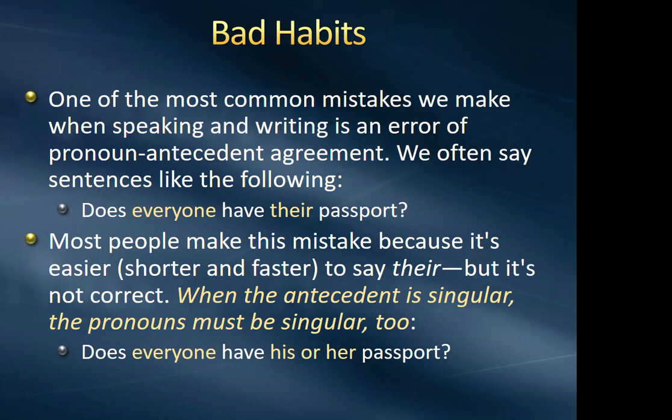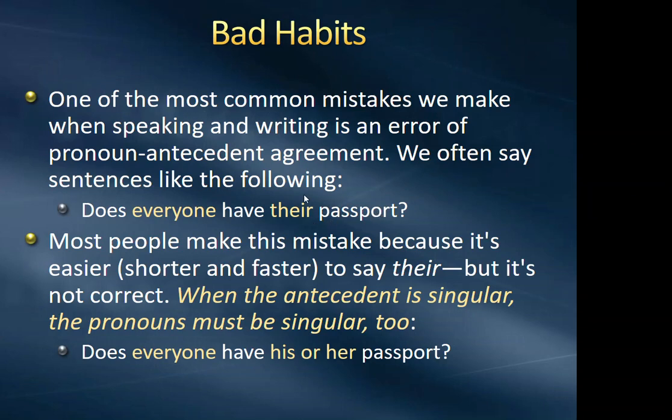All right, so we're going to talk some about bad habits. One of the common mistakes we make when speaking, and sometimes it transfers into our writing, is that we don't have our pronoun match our antecedent, and that's the noun it's replacing. In this case, we're saying, does everyone, which we just learned was a singular pronoun, does everyone have their passport?